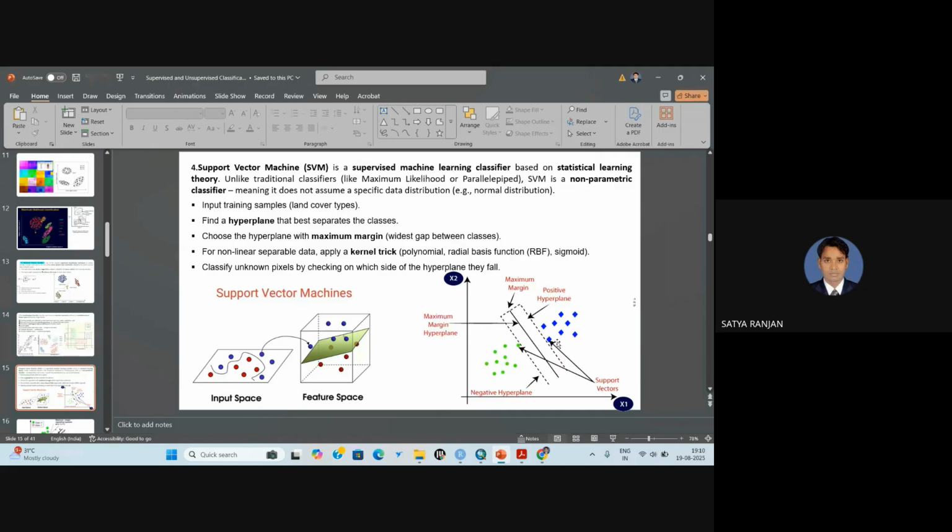The features near the boundary are called the support vectors. These are demarcated and segregated by this maximum margin. Then the boundaries are created. In three dimensions, it is seen in the input space, and beyond three dimensions it is demarcated. So these two features are separated with the support vectors.